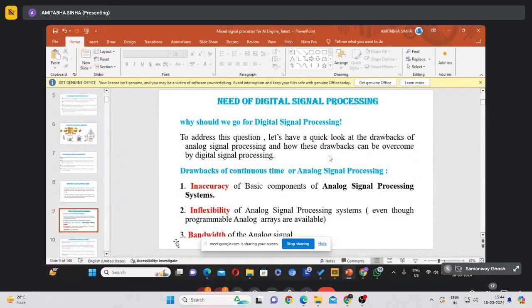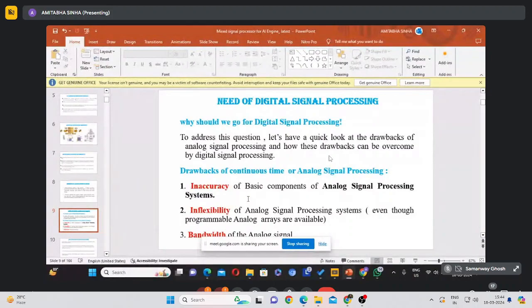And as a matter of fact, the signal to noise ratio will decrease. Whatever varies from your exact values, that is the noise. So this is the inaccuracy associated with analog signals.